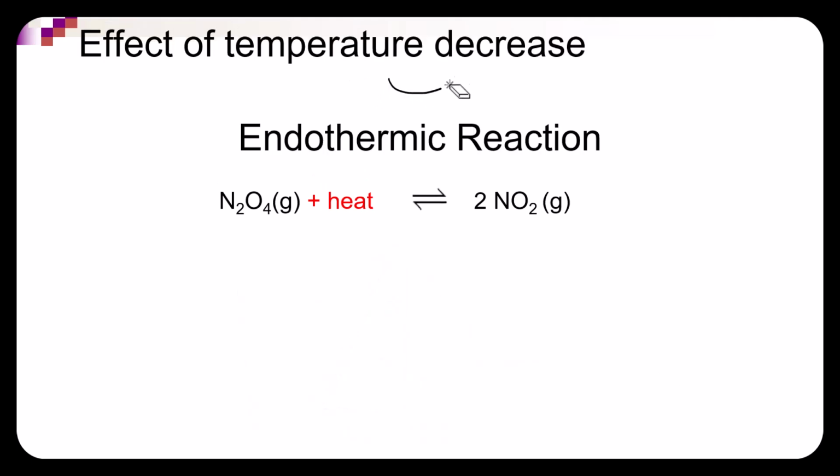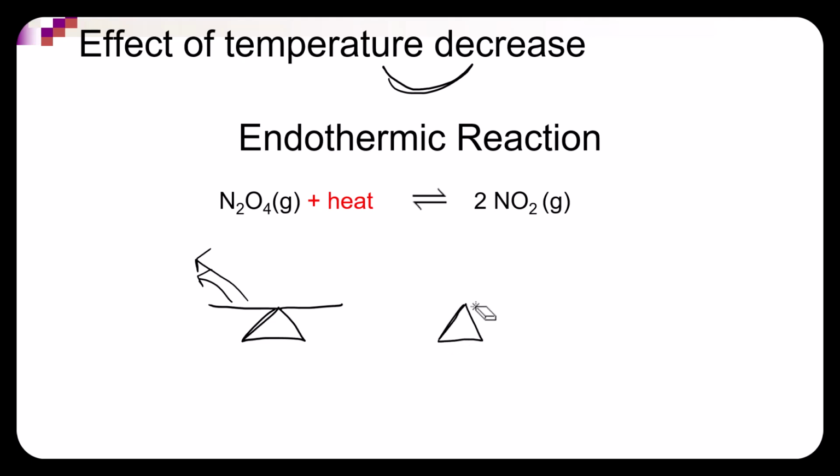So up here, we're going to start with a temperature decrease. So here we are at equilibrium. If I decrease the temperature, decreasing the temperature essentially would be like removing a reactant. So decrease temperature, take away heat, take away a reactant.